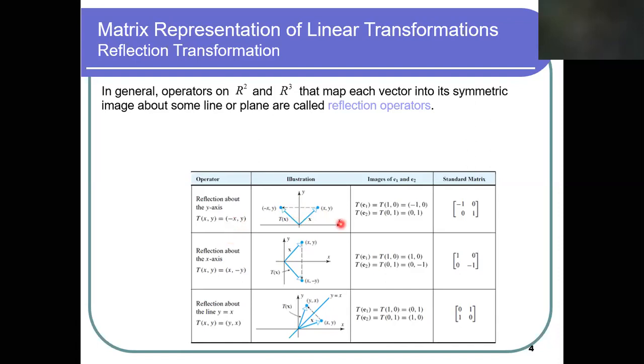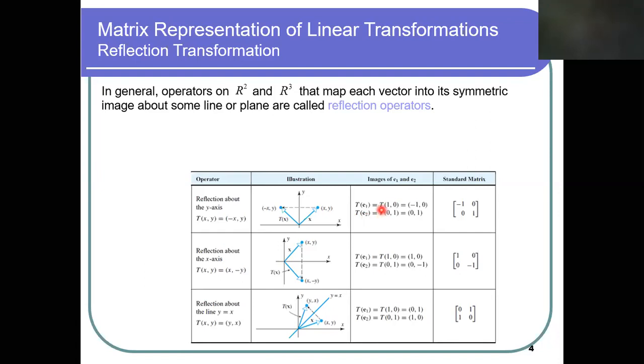So how can one write it as a standard matrix? It is a transformation from R2 to R2, and you know very well that the standard basis for R2 is (1,0) and (0,1). These are e1 and e2, where e1 is (1,0) and e2 is (0,1); these are the fundamental or canonical basis of R2.